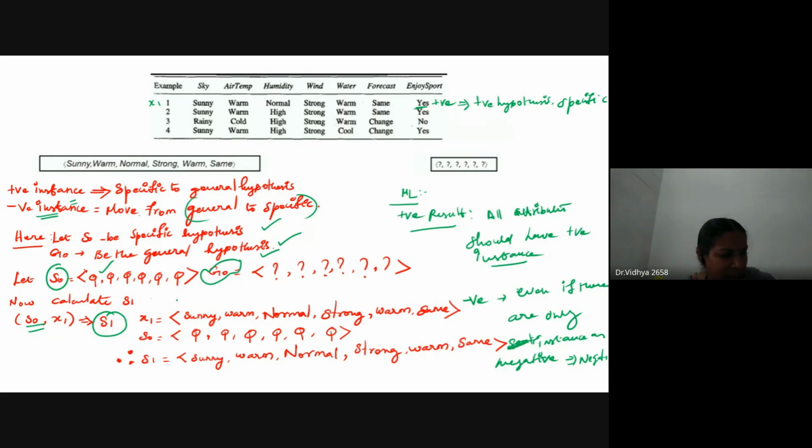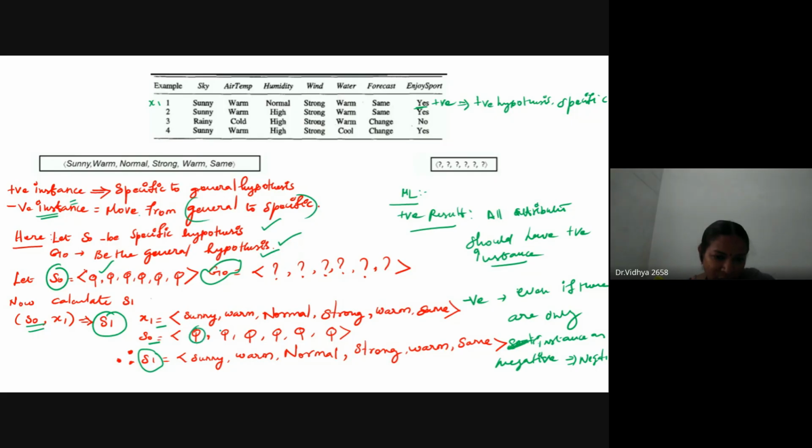Now we are able to compute S1. We are supposed to compare S0 along with X1.